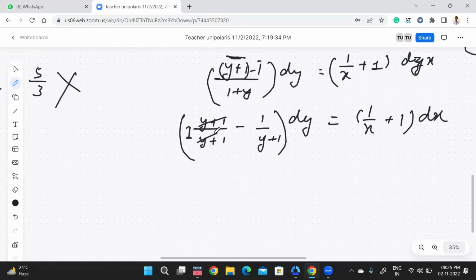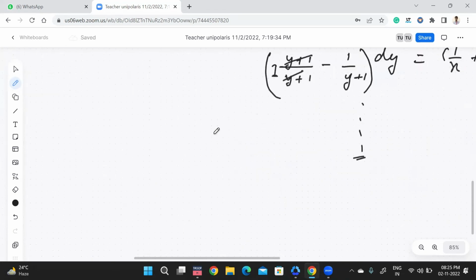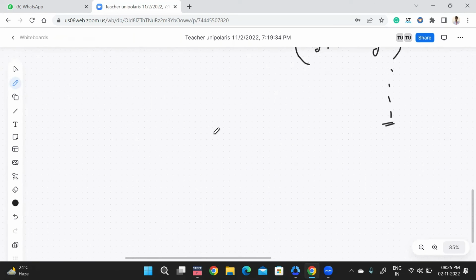So this can be done. Next steps you can do now. Yes, sir, I finished it. Okay. So next we have: find the particular solution of the differential equation dy over dx equals minus 4xy square, given that... So let's do this.